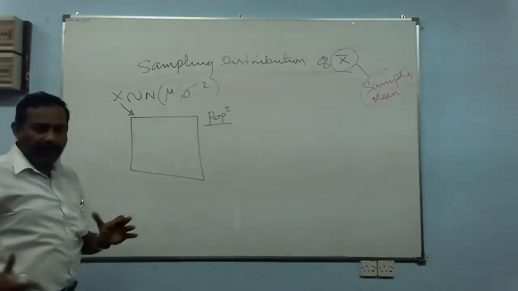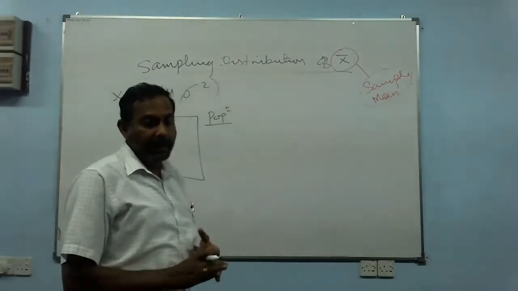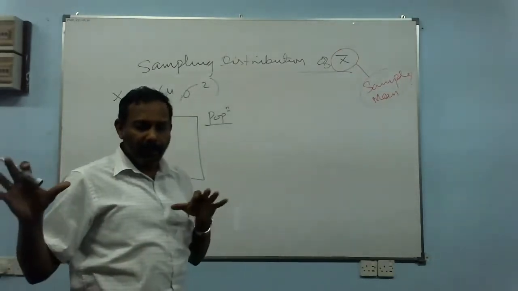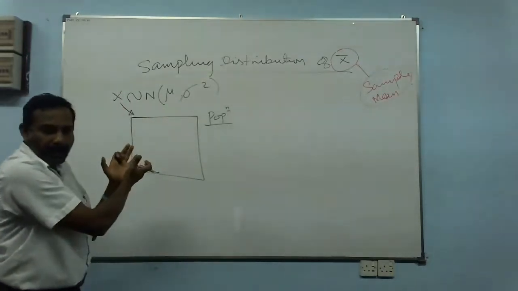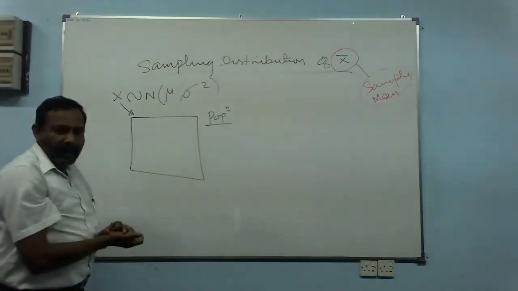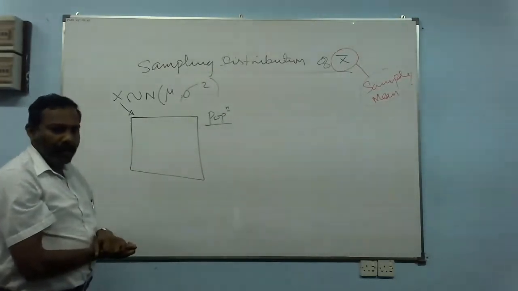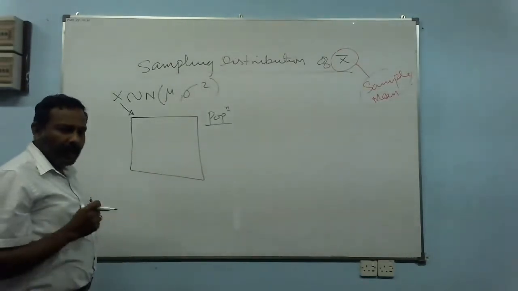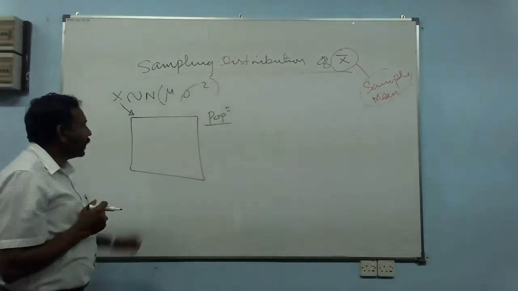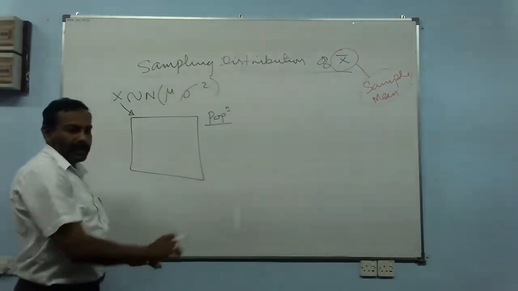Now this is the population. Let's say, as we said, measuring the average height of students studying in University of Jaffna, as an example. So this is the overall population. All the students studying at University of Jaffna have been put into one population. Now I'm going to take some set of samples from this population.